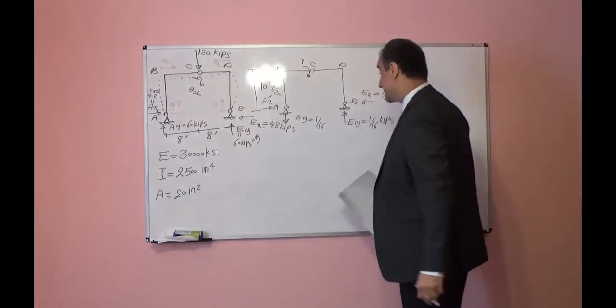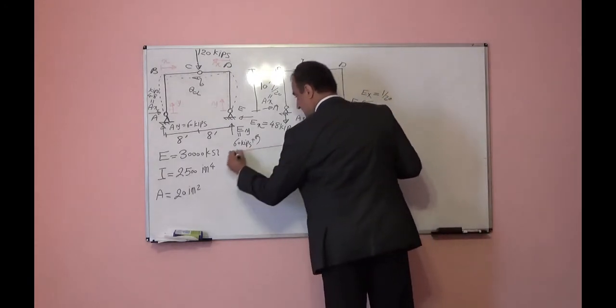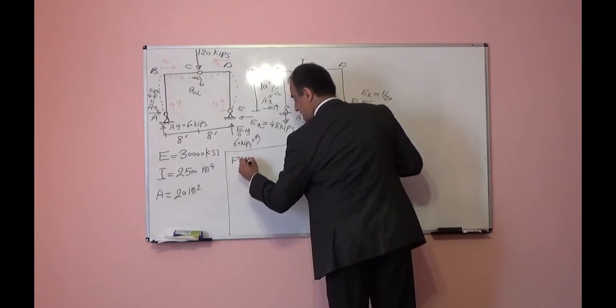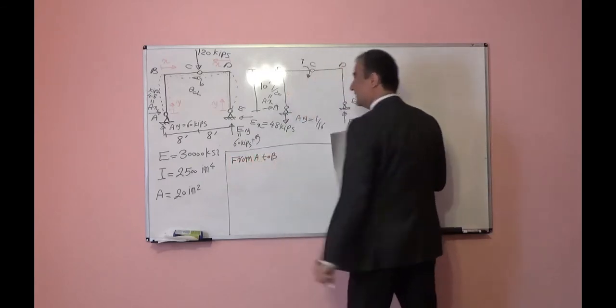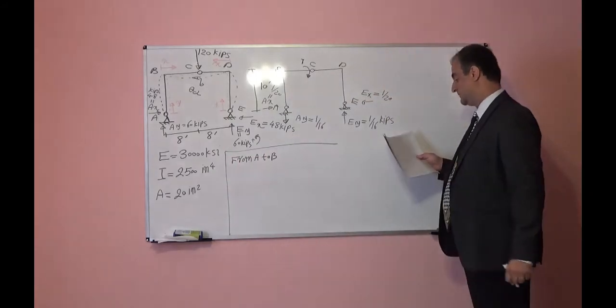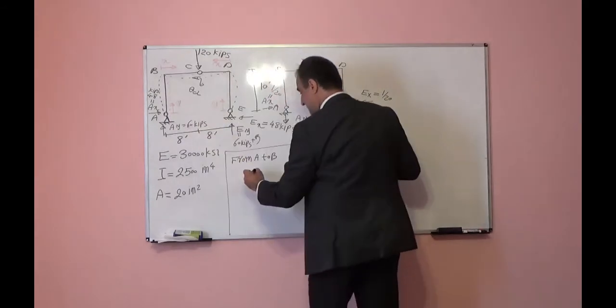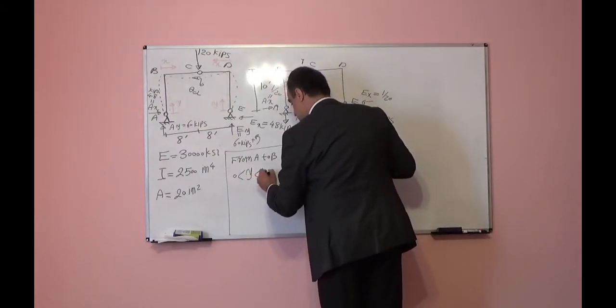Let's start from A to B. From A to B, see what we have. Y, if I measure from here, Y will be from 0 to 10.